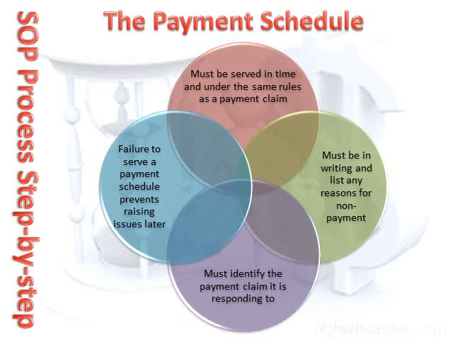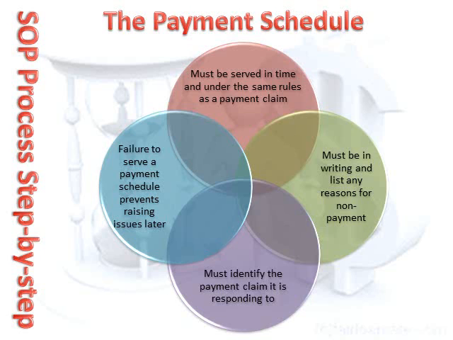The payment schedule is the client's written response to the payment claim. For a payment schedule to be a payment schedule under the Act, it must identify the payment claim it is responding to, indicate the amount of the payment, if any, the client is intending to make, and if the amount is less than the amount in the payment claim, state why the lesser amount or no payment is being made.